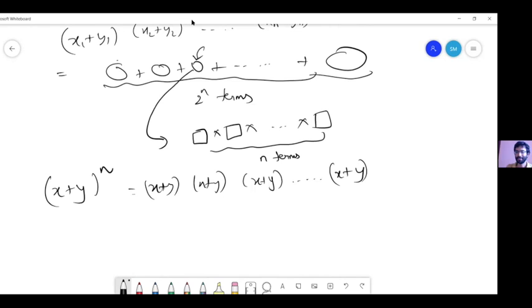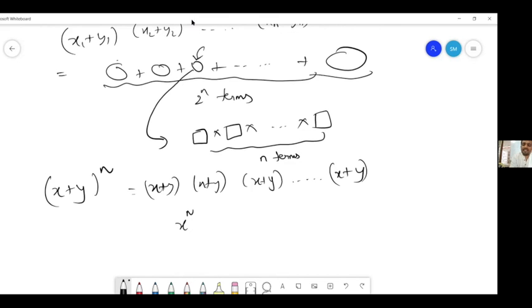Yes, sure. As I said, each term of this expansion will have n factors. So let's say for the first term, you choose all x from the first one. So you choose x, so that will be x to the power of n, and there is no y, so y to the power of 0.